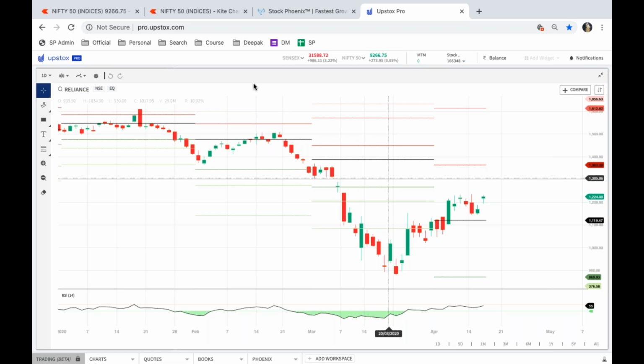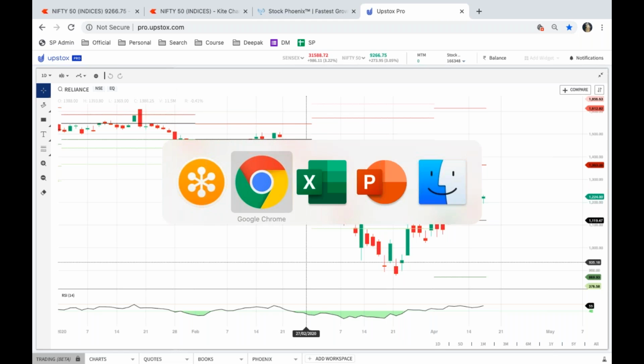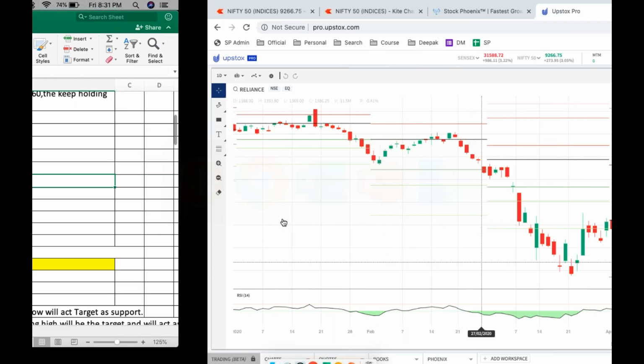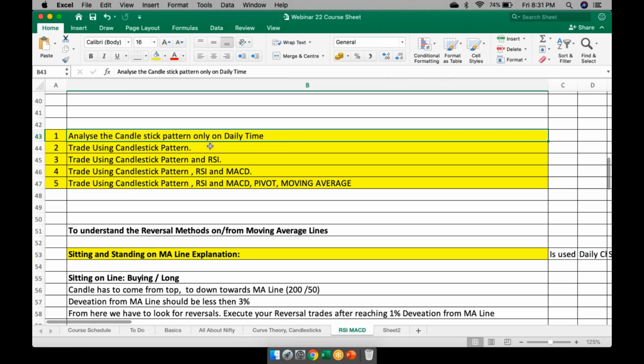We will have moving average. Once the rest of the indicators are completed, then we will start aligning things. Now what you have to do is analyze the candlestick pattern on the daily time frame and trade using candlestick patterns.